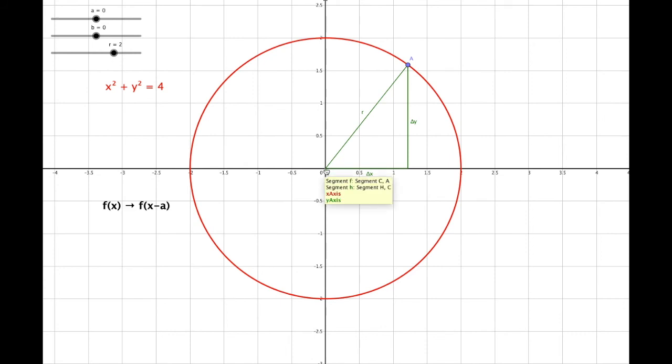Well, if we change the value of the x coordinate of the centre of the circle, then we are going to be sliding the circle along. And in fact, if you think of the formula being x minus a squared, we are looking at this sort of situation.